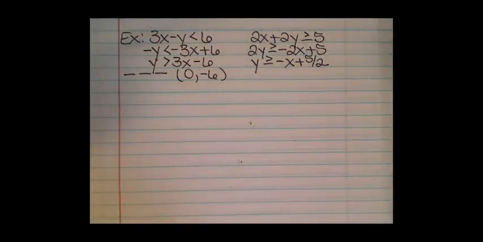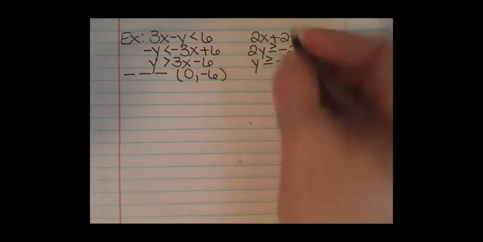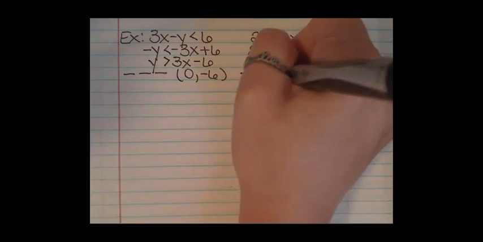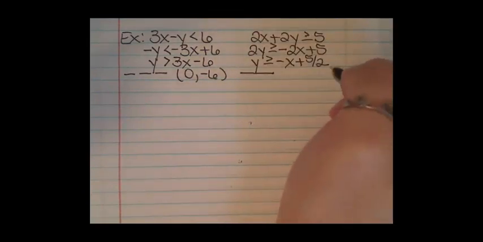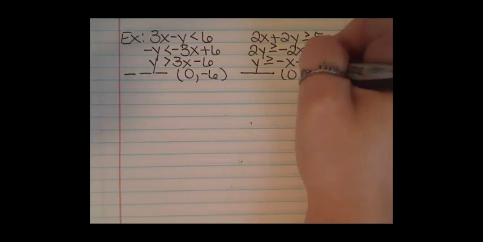So based on our symbol, we know this is going to be a solid line, and we know that our y-intercept is 0, 5 halves, and we know our slope is a negative 1.